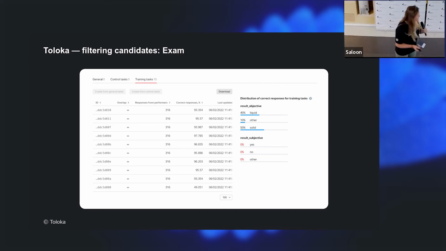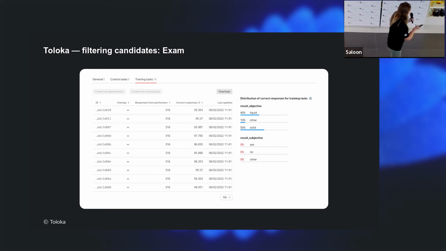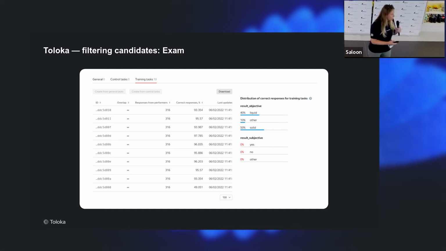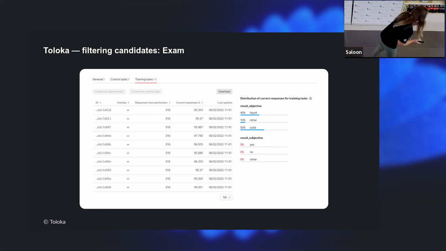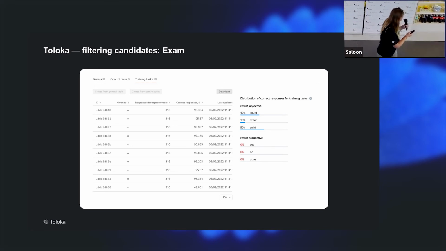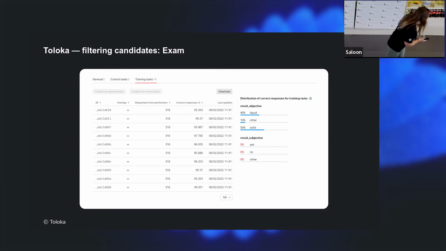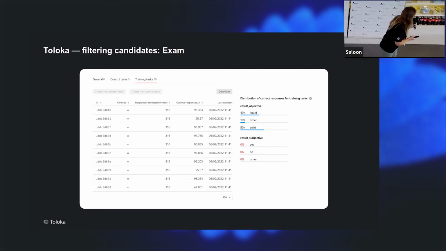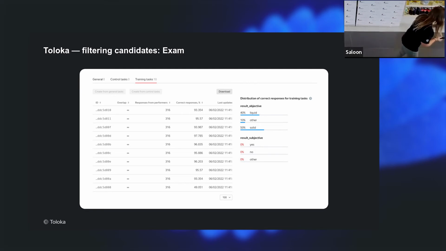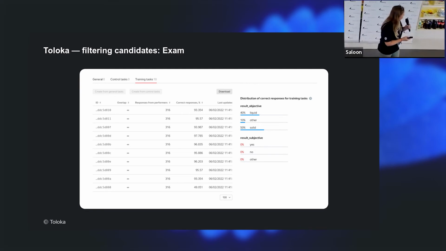And I think this is a very interesting example because these are the results of this exam. You can see that around 315, 16 people took part. And if you look at the first 9 entries, all people were scoring very well, 95% or above. But if you look at the last one, it has around 40-something percent of accuracy.